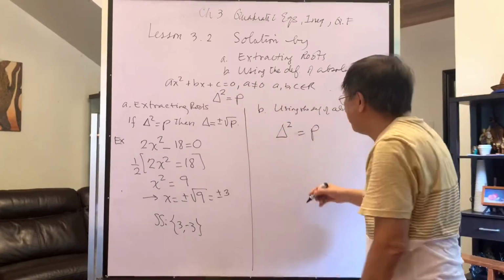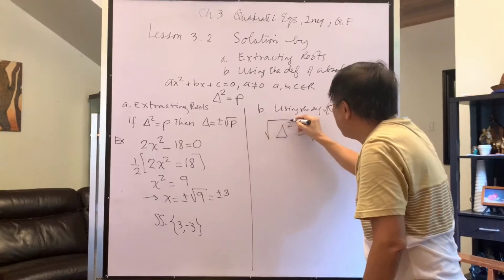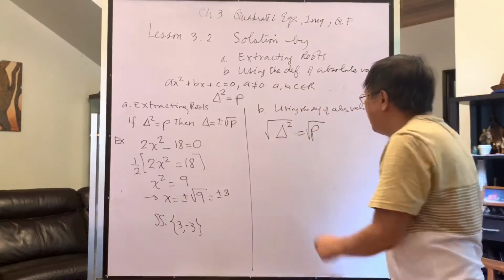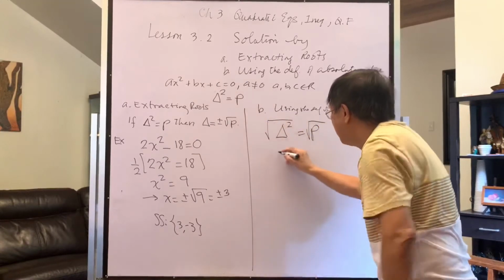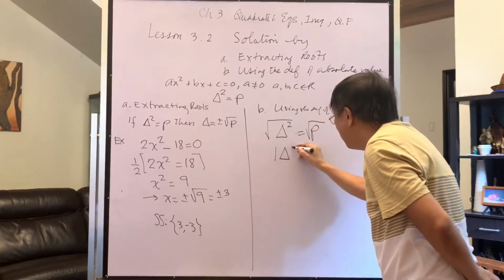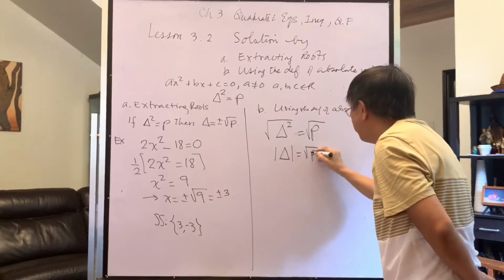Recall in our previous lecture that we just need to introduce this square root symbol and rewrite this square root of triangle squared into its absolute value form, which is absolute value of triangle is equal to square root of p.